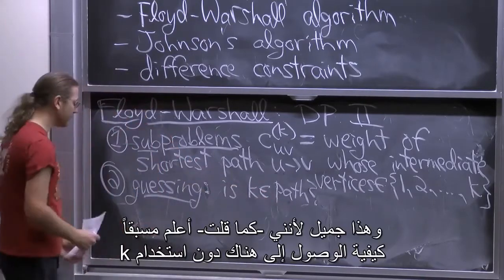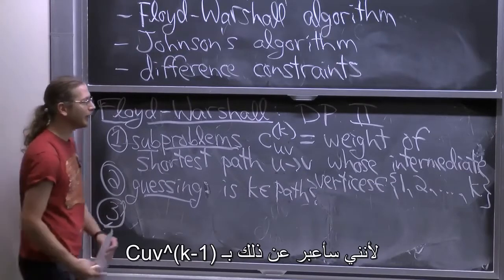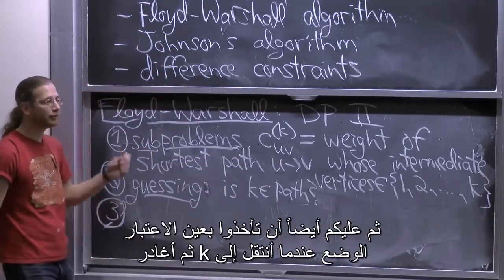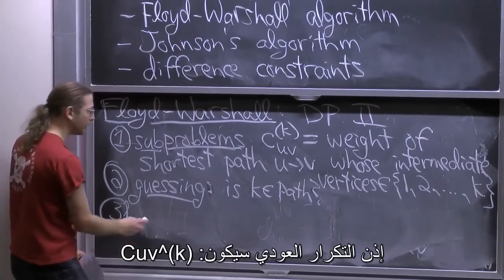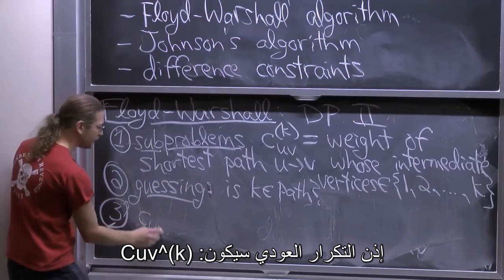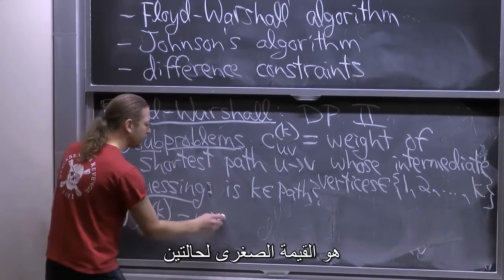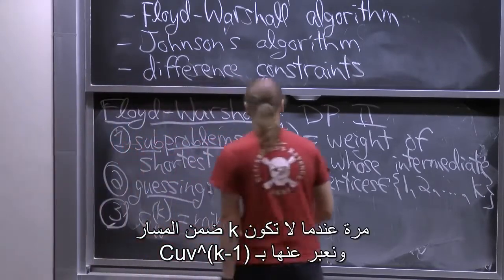And that's nice because, as you say, I already know how to get there without using k, because that's c of u, v, k minus 1. And then I just also have to consider the situation where I go to k and then I leave. So the recurrence is going to be c of u, v, k is the min of two things. One is when k is not in the path.